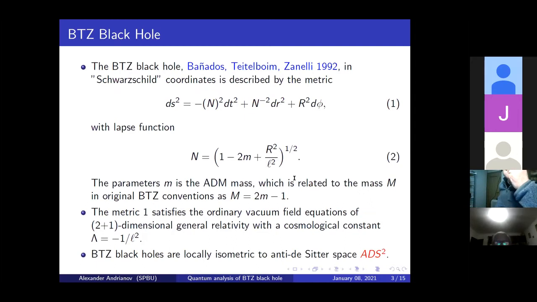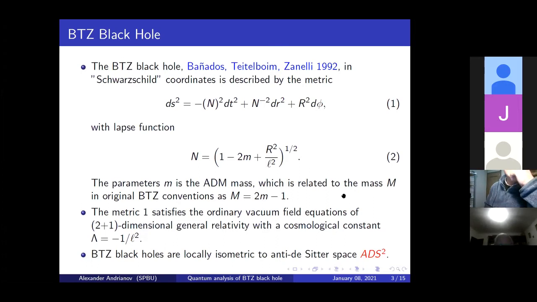Now the black hole: the Bañados-Teitelboim-Zanelli black hole. We use slightly different notations because it is more convenient in our further equations. In particular, in the definition of mass, we use a somewhat different ADM mass, but it does not change the result very much.